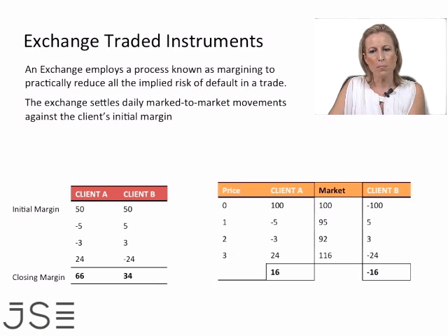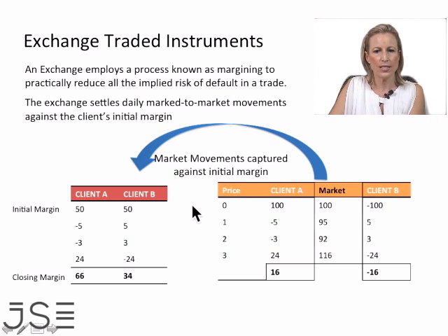Now, these mark-to-market values are actually reflected in the margin account. When both client A and client B initialized the contracts, they placed initial margin, and both of their margin accounts would have gone up by the value of 50.